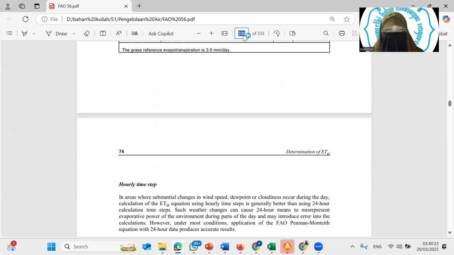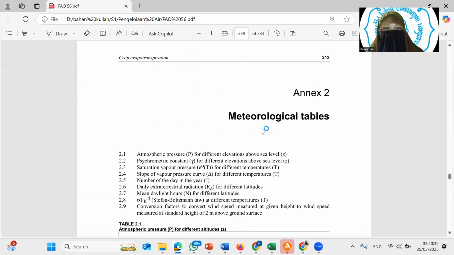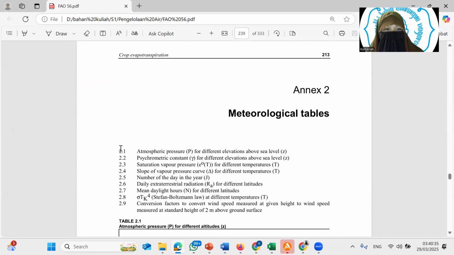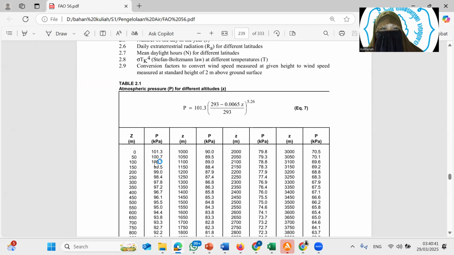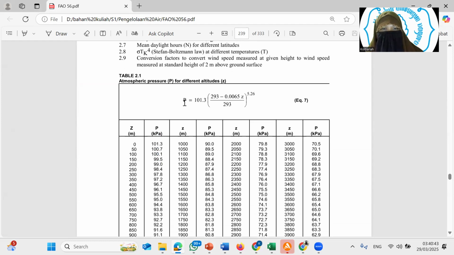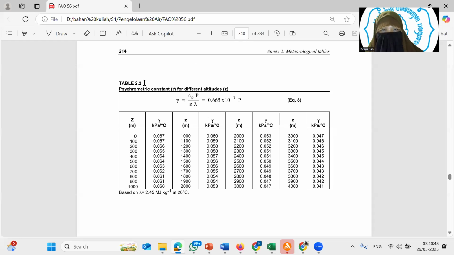There is some annex about tables. Okay, these are the meteorological tables given in the handbook, from table 1 until table 9. From table 1, this is the P, but we will use table 2.2. So this is to determine the gamma.